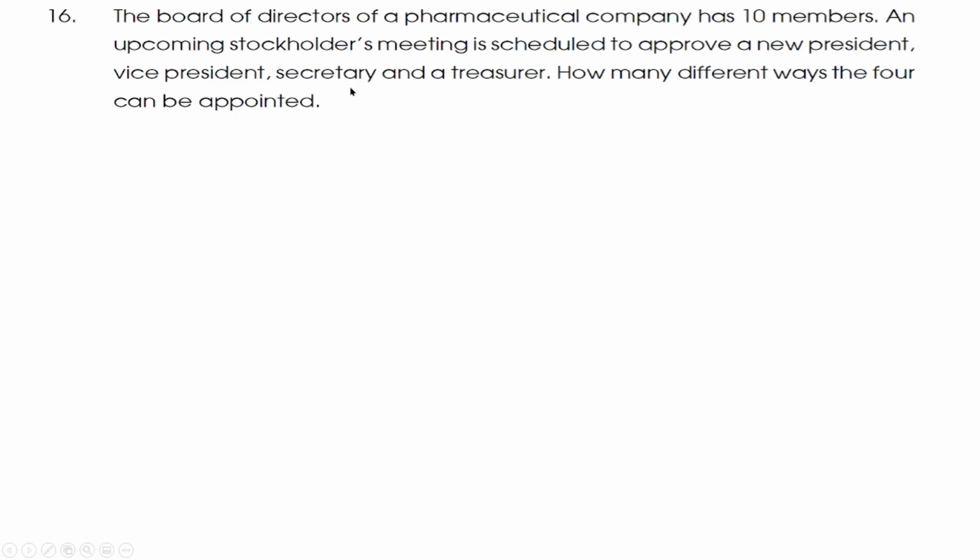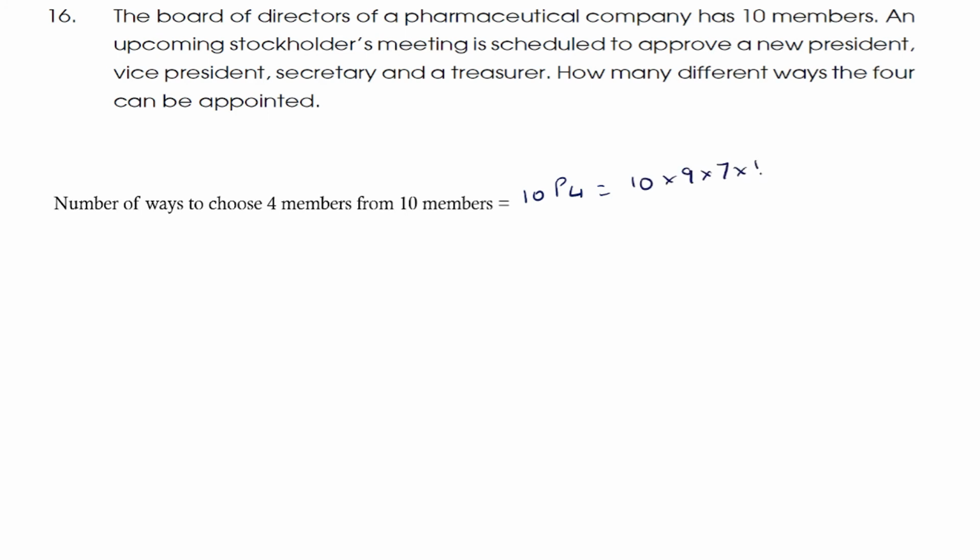That is, we need to select 4 persons from these 10 members for the posts of President, Vice President, Secretary and Treasurer. So the number of ways to choose 4 members from 10 members is 10P4, which is equal to 10 into 9 into 8 into 7. This is equal to 5040.